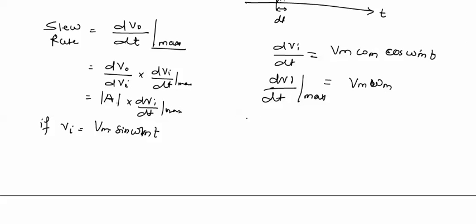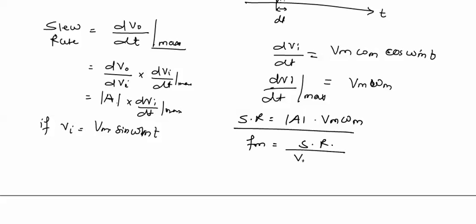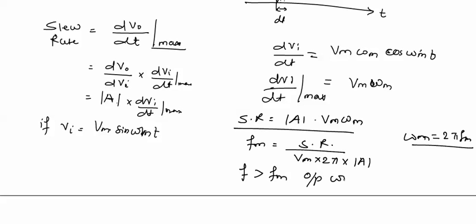So now putting, slew rate is equal to magnitude of gain into vm into omega m, and fm is equal to slew rate upon vm into 2 pi into magnitude of A, where omega m equals 2 pi fm. So if frequency f is greater than fm, then output will be distorted.